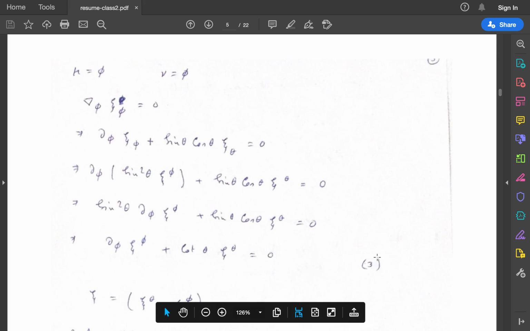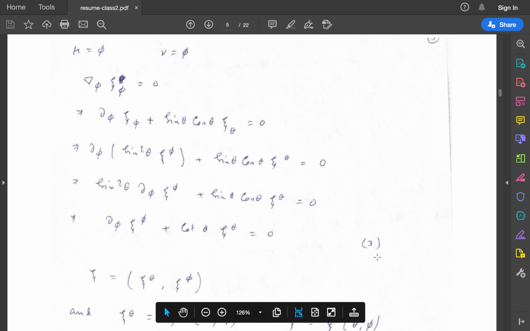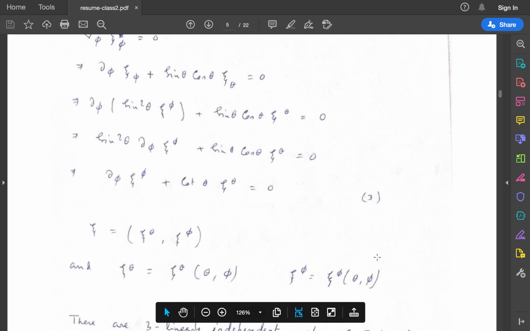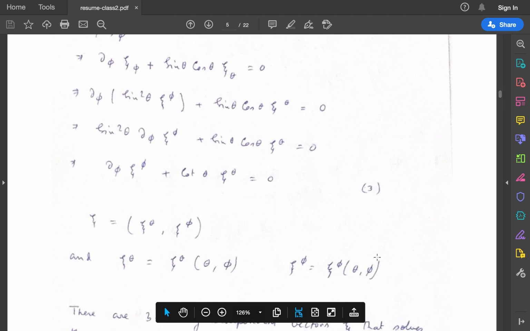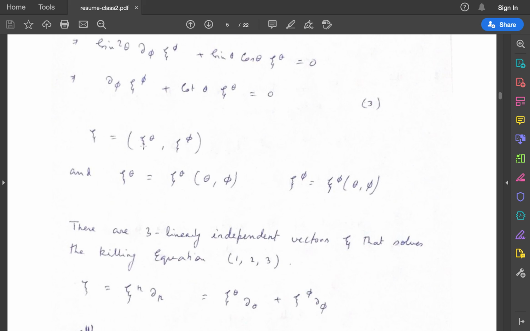So any vector on this metric, on this surface given by this unit 2 sphere of unit radius, if it has to be a Killing vector, has to satisfy these three equations. They can be functions of the coordinates.